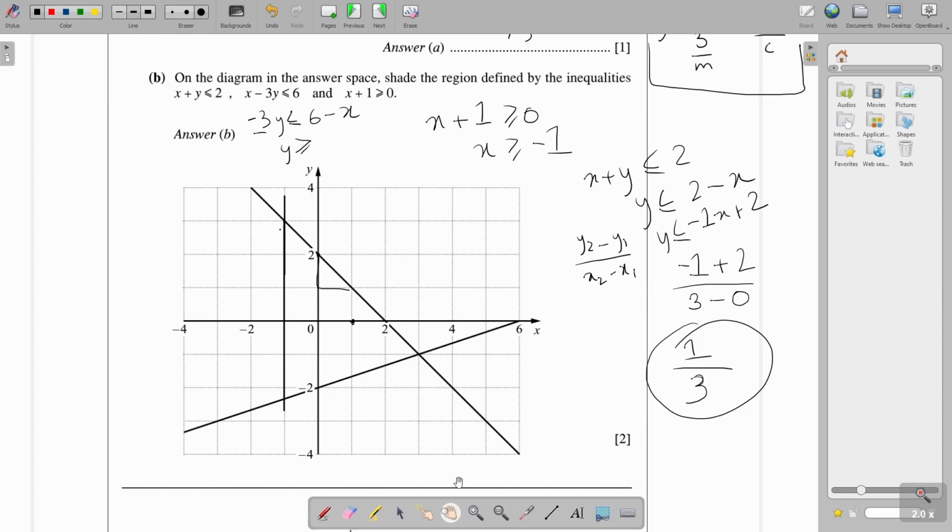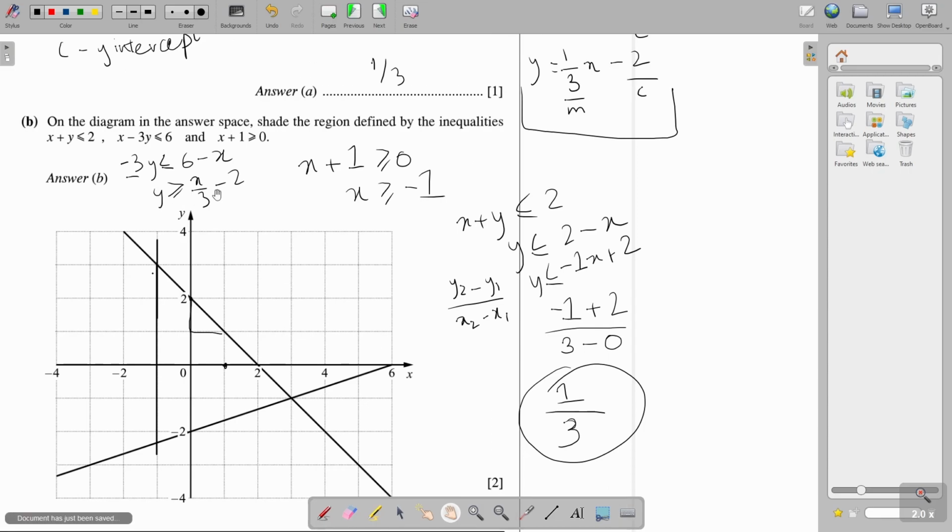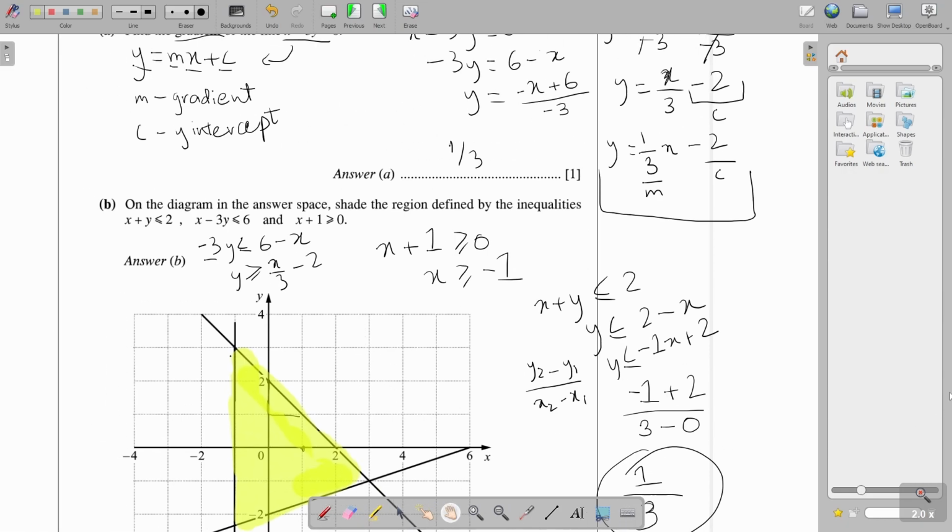And then we have the same thing that we figured out earlier, which is x over 3 minus 2, which is that line. So y is greater than that, so we're just going to shade this region. So above this line, below this line, and to the right of that line. We can just shade this region, which makes a nice little triangle, and that is going to be our answer.